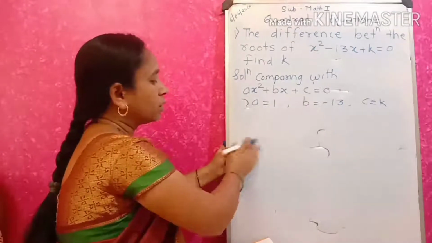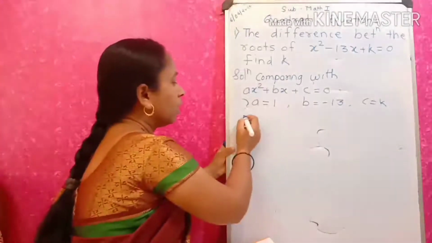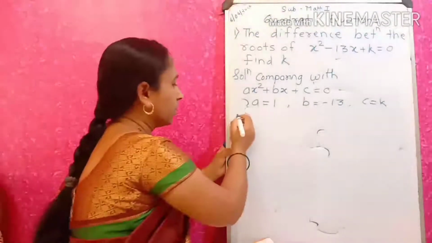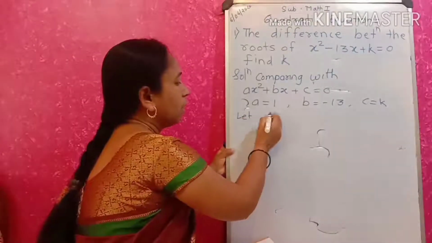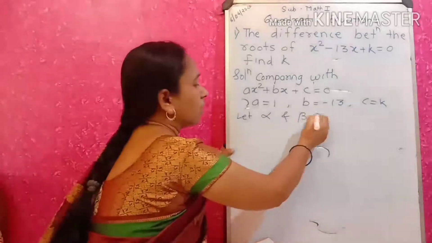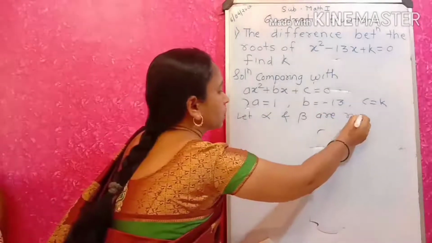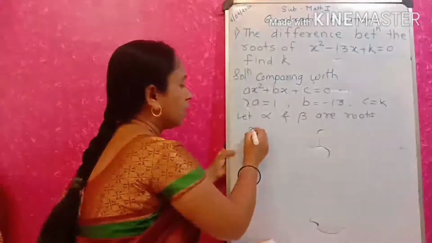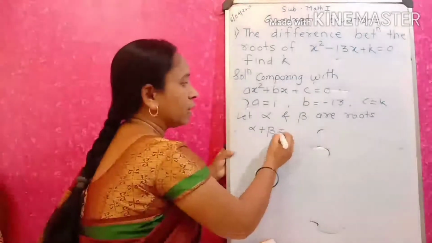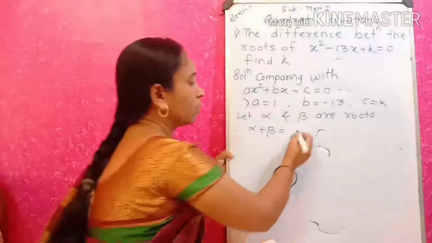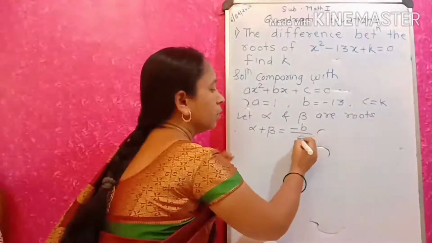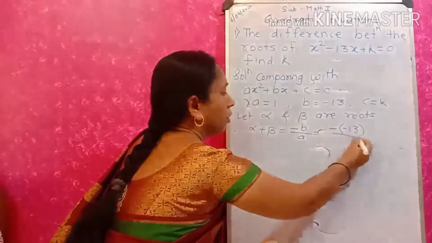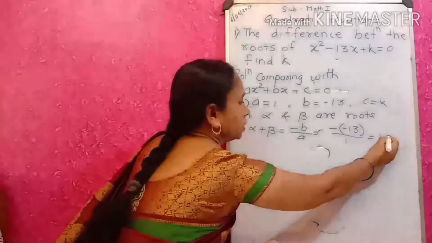Now we'll find the sum of the roots, alpha plus beta, and alpha into beta. Let alpha and beta be the roots of the equation. Therefore alpha plus beta is minus b upon a, that means minus into minus 13 upon a's value 1, that means 13.